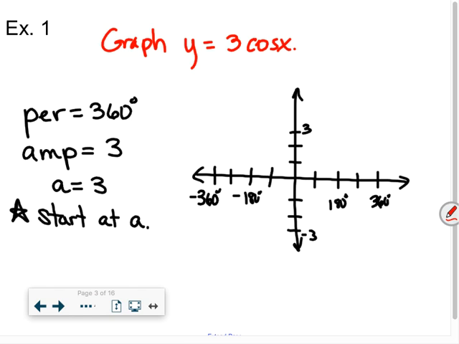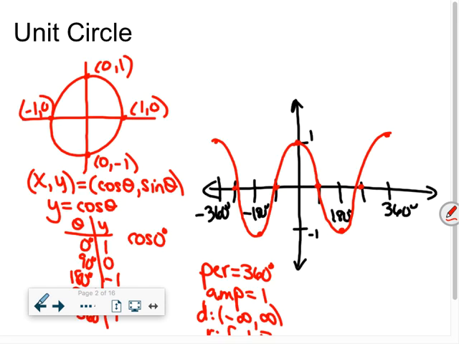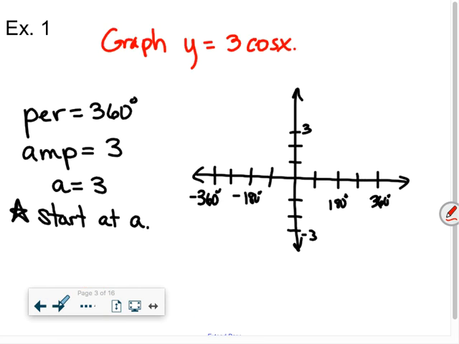So how do I know how to graph this? Let's go back to the previous slide real quickly. My table is A, 0, opposite A, 0, A. It's always going to rotate like that. So I'm going to start at 3, 0, negative 3, 0, 3.